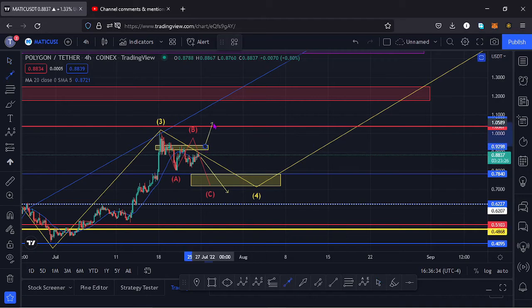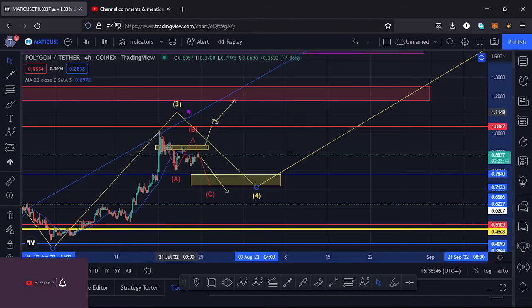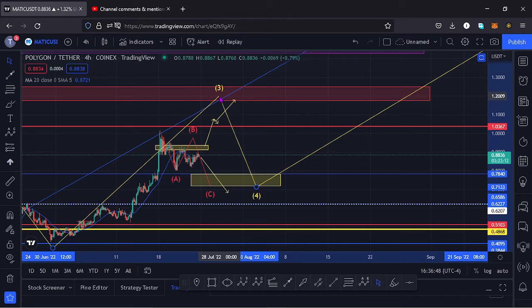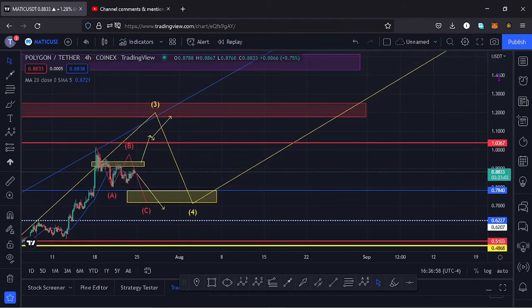And in case we break above that key area and maybe have a successful retest and we continue unlocking even higher prices, then that would mean maybe the high for that wave 3 is not yet in, and we have to adjust the wave count, having that wave 3 overshooting a little bit. Then we can expect a wave 4 and then a wave 5 to complete our Elliott wave count 1.